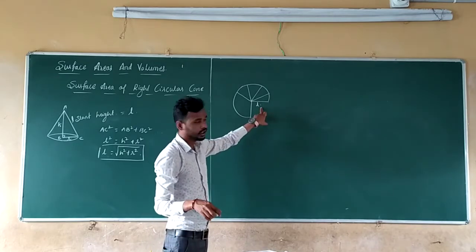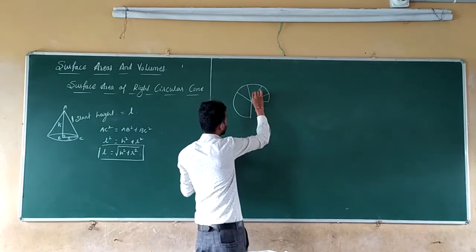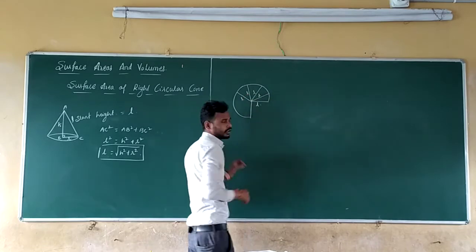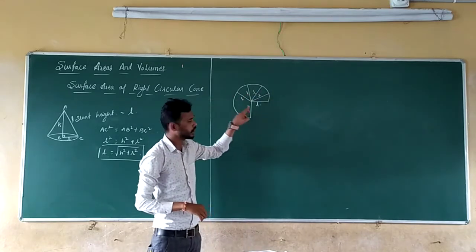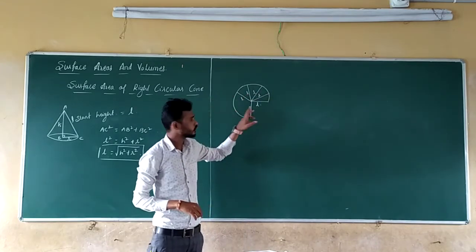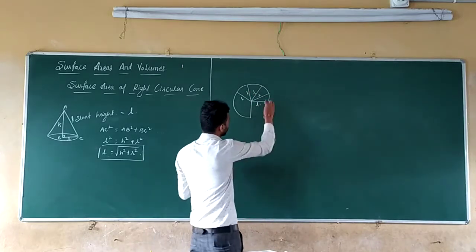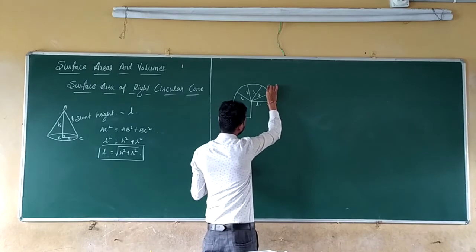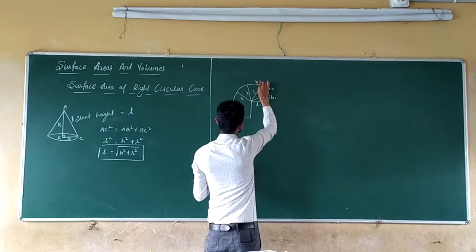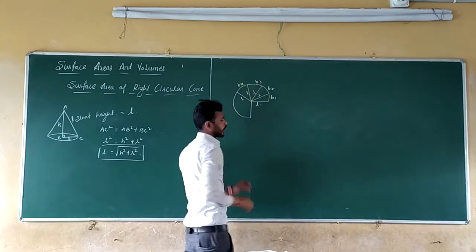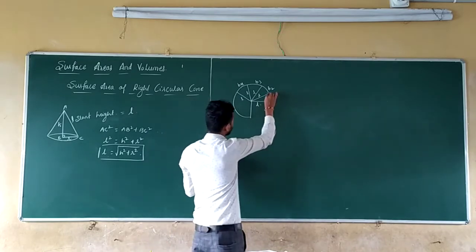So here it is also L, because the radius of the circle is the same. So these all will become L. Let us take the triangle bases as B1, B2, B3, B4 like that, and join these.